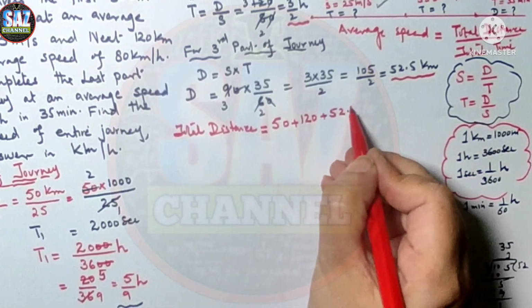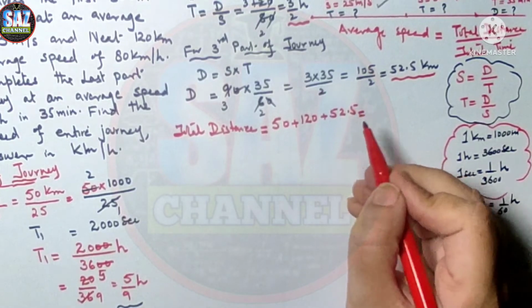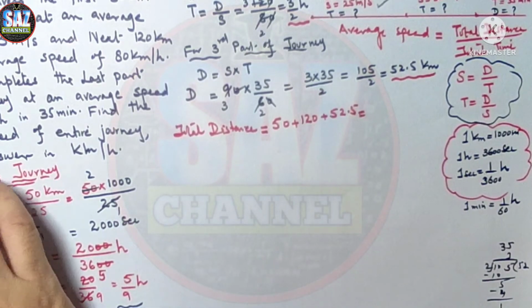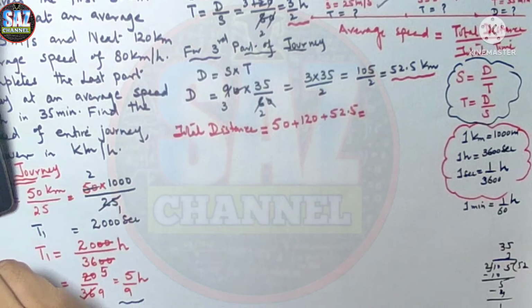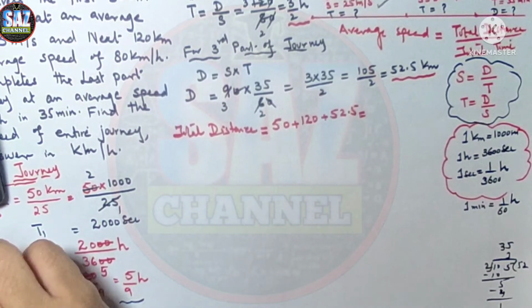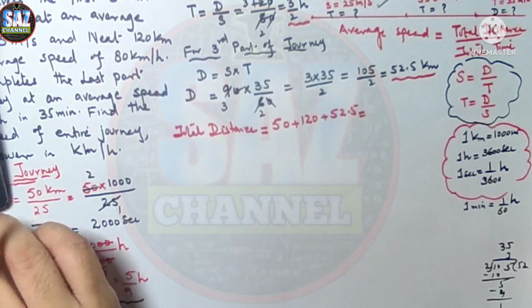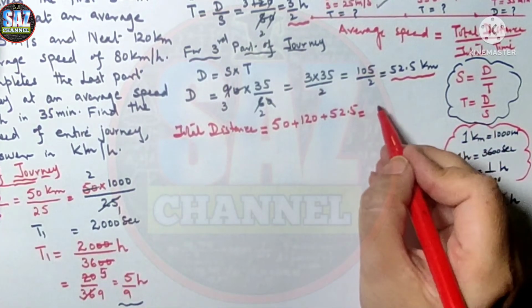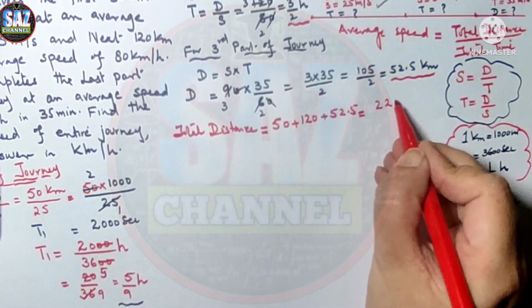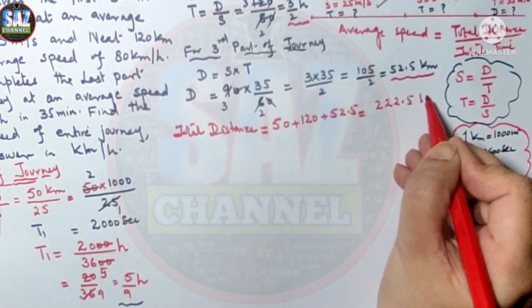It's up to you: either you can replace the values in the formula and then calculate, or you can perform the calculations separately. Total distance traveled is 222.5, and it's in kilometers.